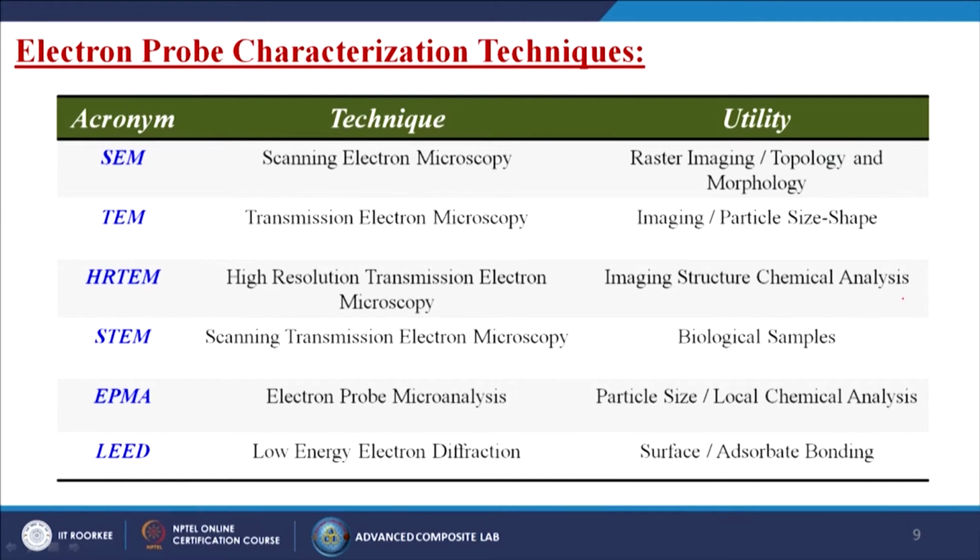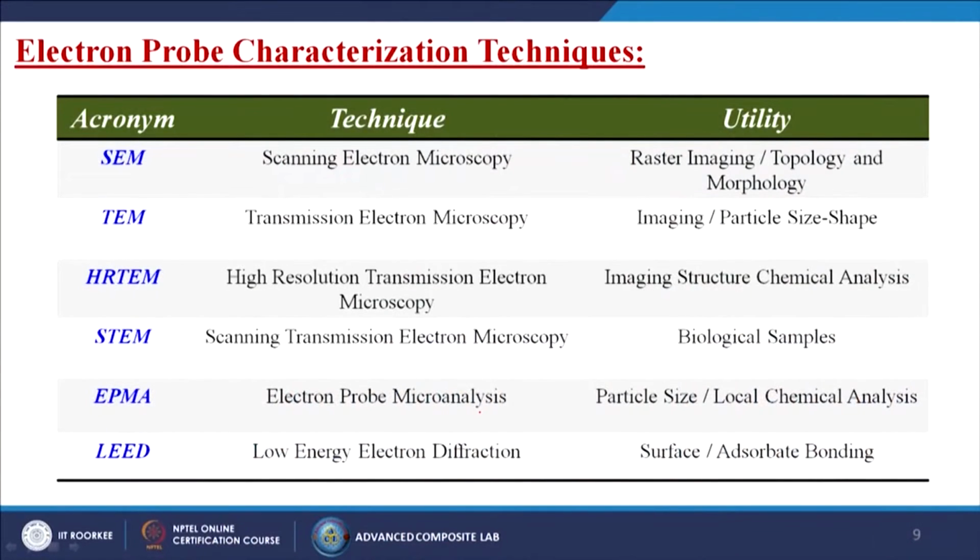STEM, scanning transmission electron microscopy, is generally used for biological samples. EPMA, electron probe microanalysis, is used for particle size or local chemical analysis. LEED, that is low energy electron diffraction, is generally used for the surface and adsorbate bonding of the nanomaterials. So, by doing this kind of characterization, we get this kind of information about the materials.